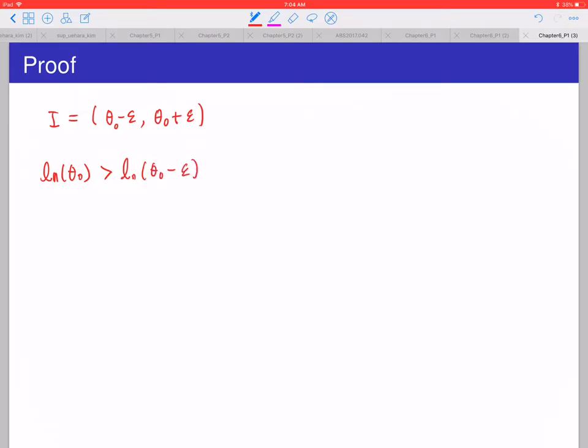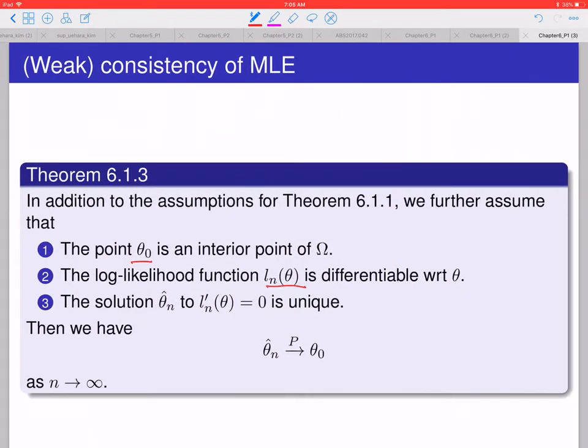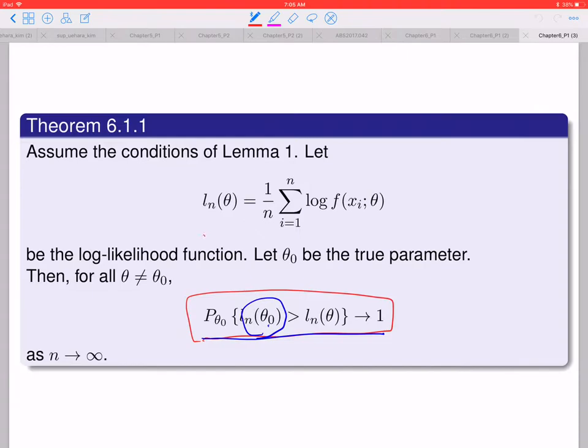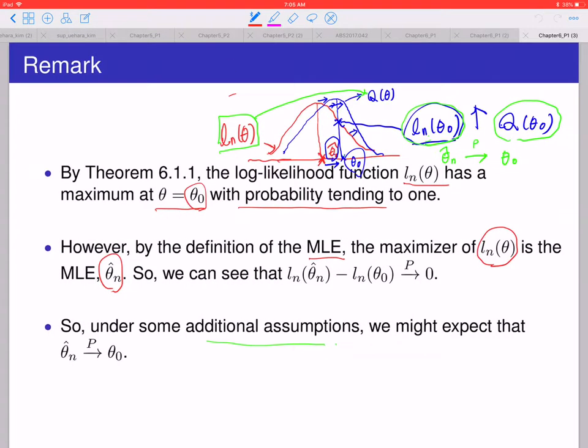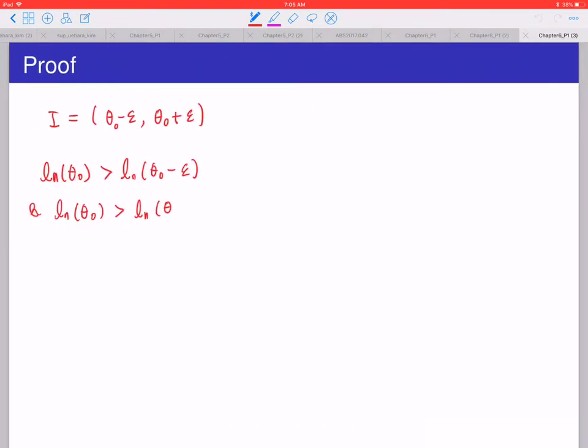So think of this event, okay, and Ln zeta null, it's not a log likelihood, this guy, zeta null plus epsilon.